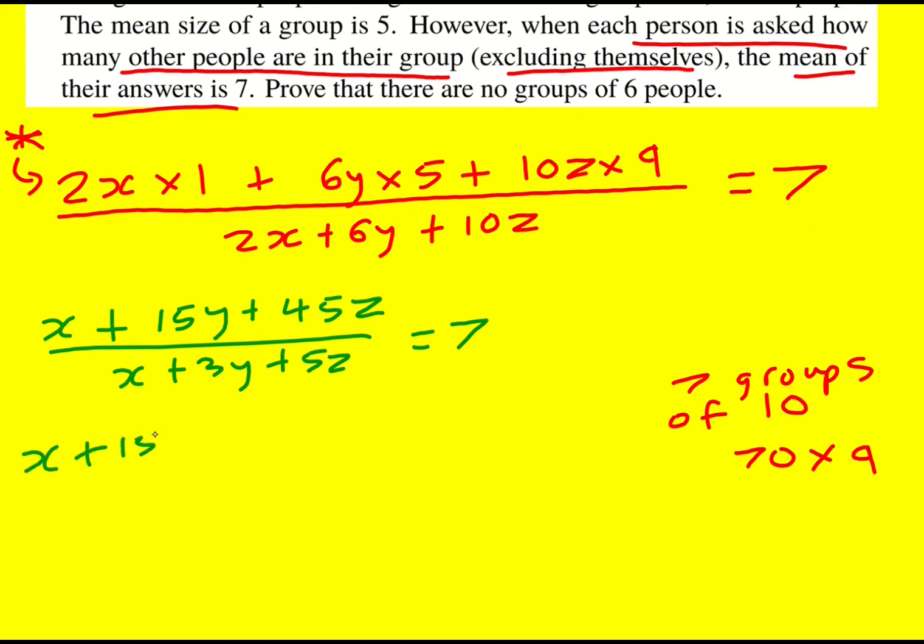Therefore, X plus 15Y plus 45Z is going to equal 7X plus 21Y plus 35Z.